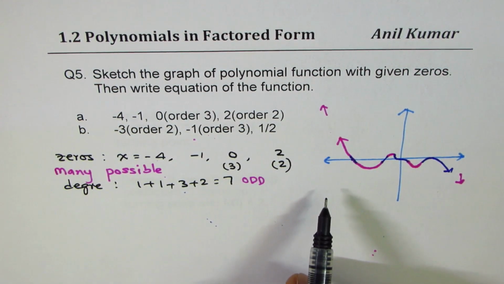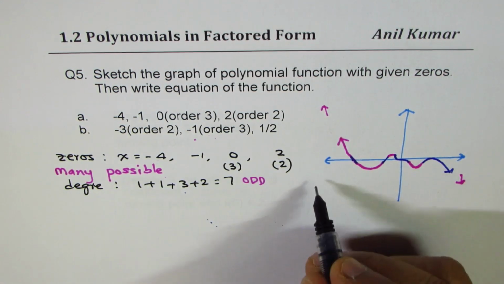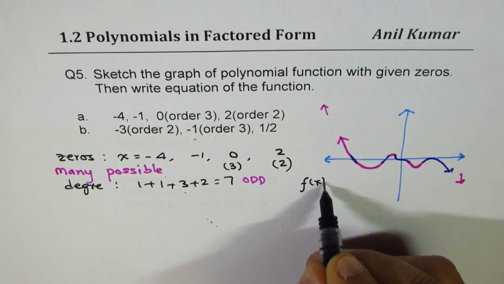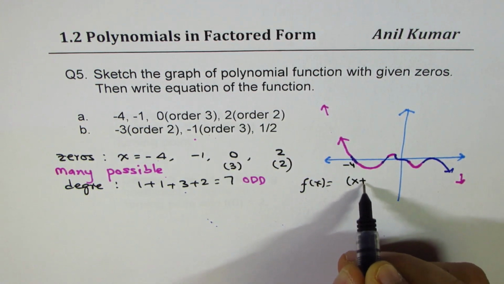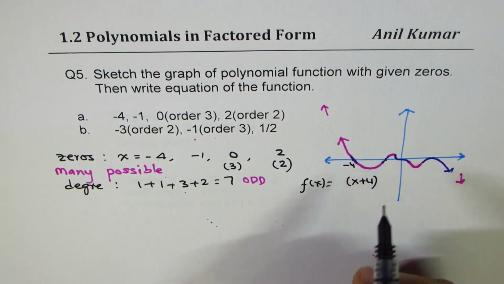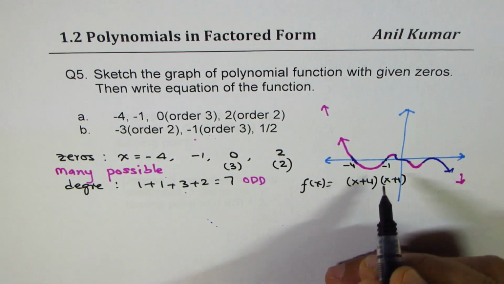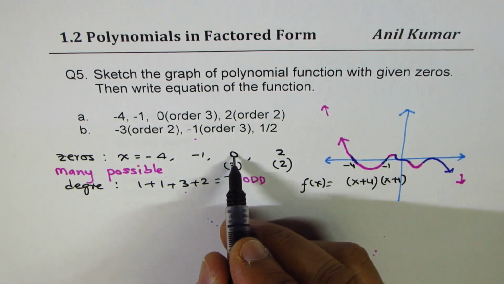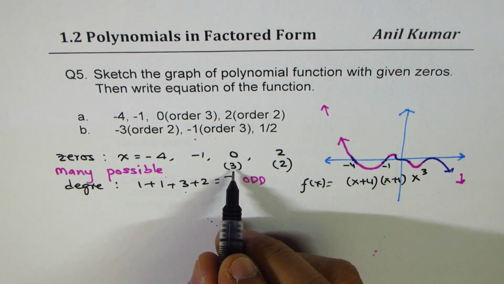The second part is how to write the equation for this. So the equation could be, we say f of x is equal to, this is at -4, so the factor is x plus 4. Now this one is at -1, so the factor is x plus 1. And then we have a 0 at 0 itself, so it is x cubed since the order is 3.